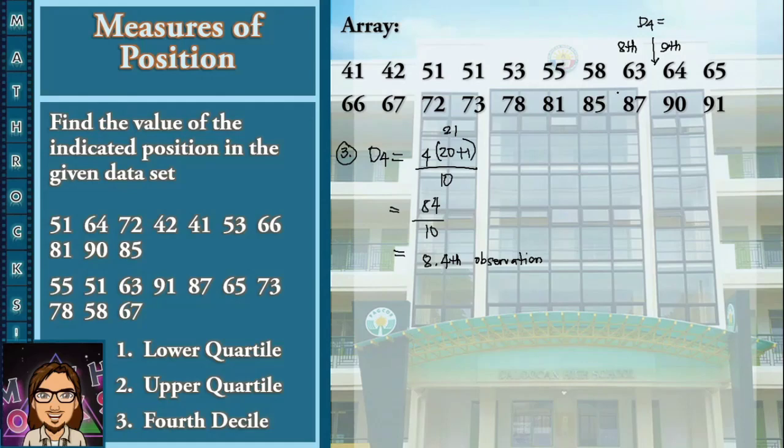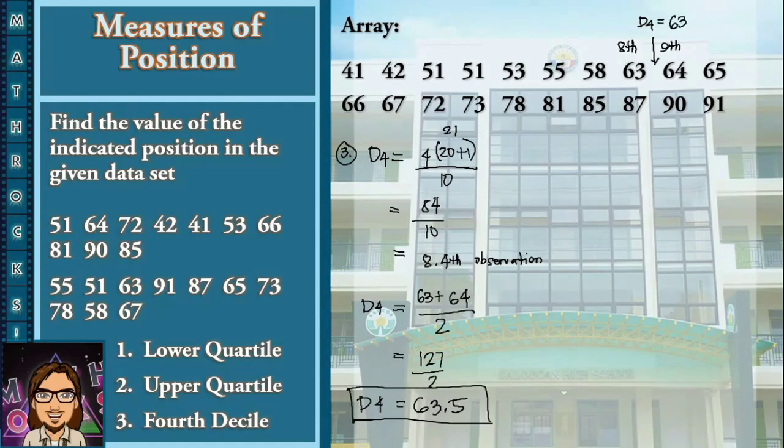Knowing the average of these numbers, we have 63 plus 64 divided by 2 for the value of the 4th decile. Then we will have this be equal to 127 over 2, which has a value of 63.5. So that would be for the 4th decile.